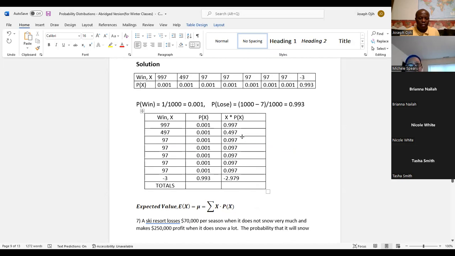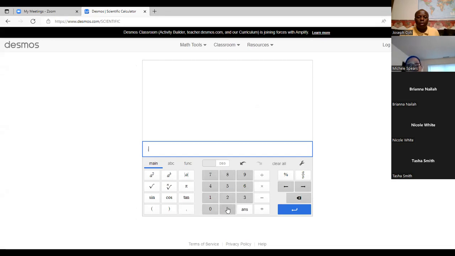Now let's add a total to get our answer, our expectation. So it's going to add all this. You can double check this with your calculator as we add it. 0.997 plus 0.497 plus 0.097 plus 0.097 plus 0.097 plus 0.097.